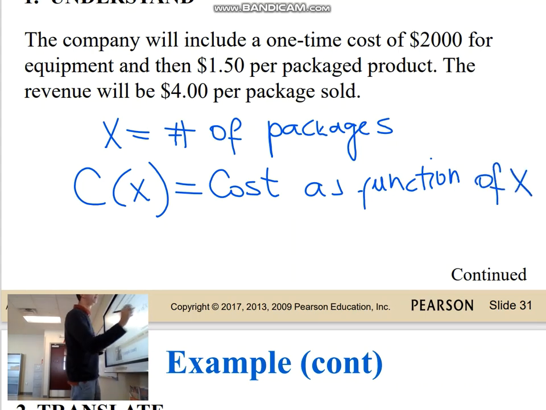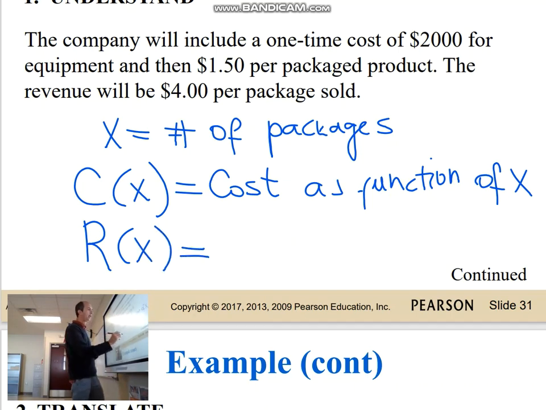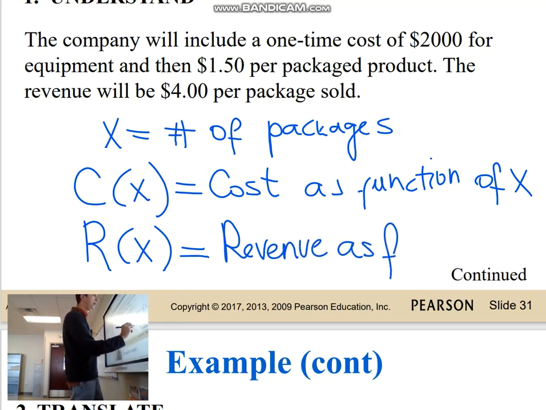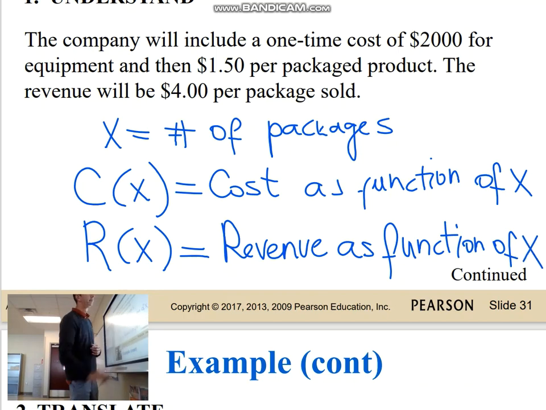And the revenue, the same thing. How much money we will make, revenue, as a function of the number of packages we will make, as a function of X.